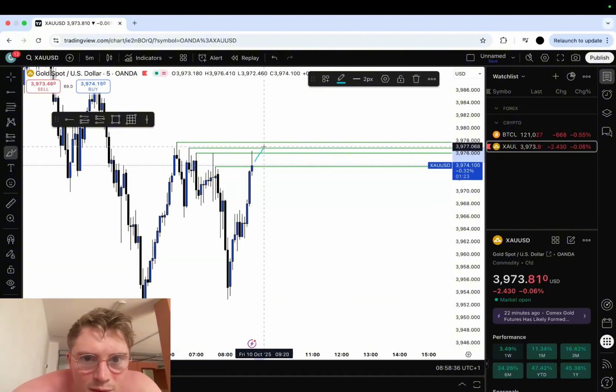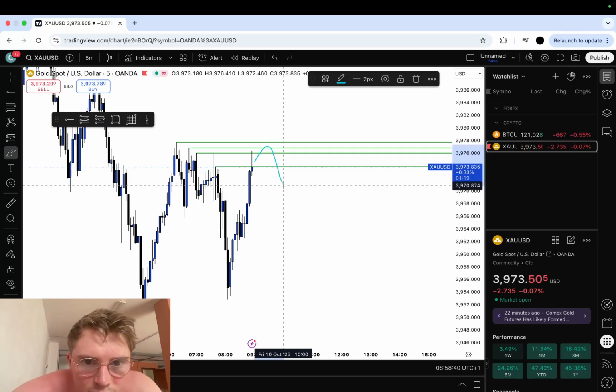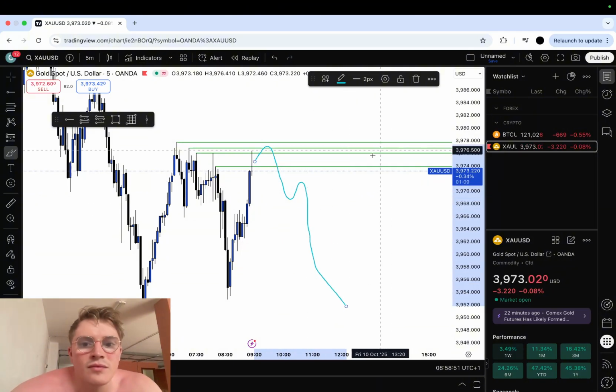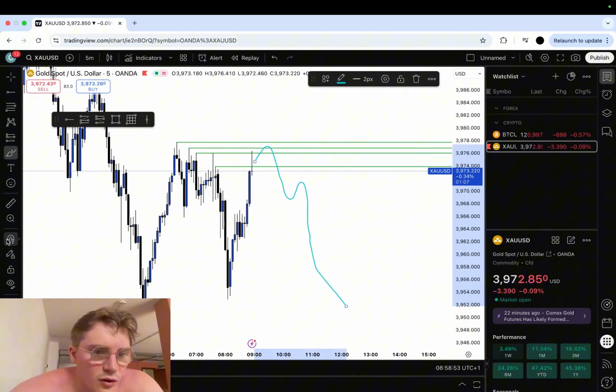Yeah, so if this came up here, swept liquidity, started going down, say this has made a fair value gap or something, and then pushed back into it, and then came down like that, that's what I would be looking for about right now.